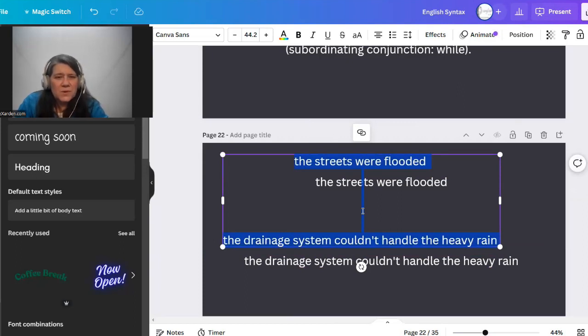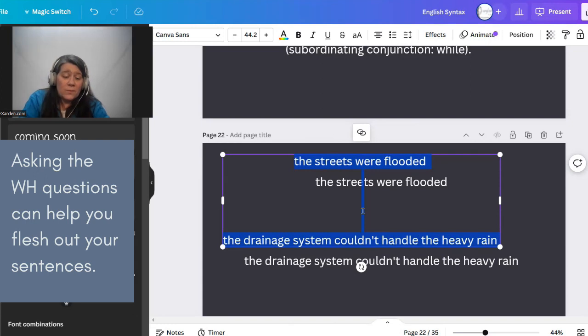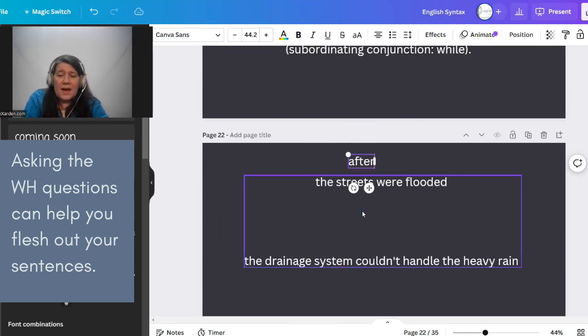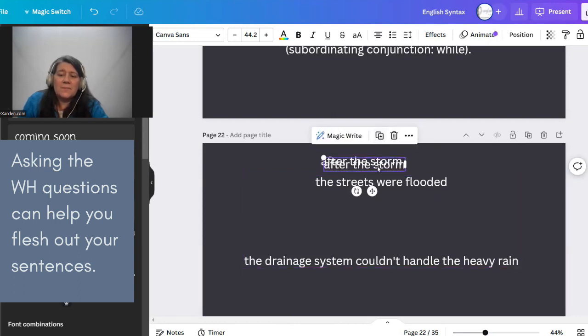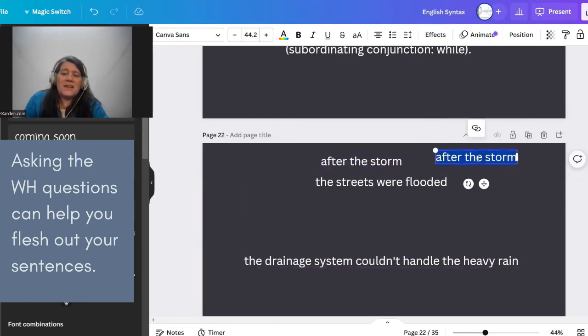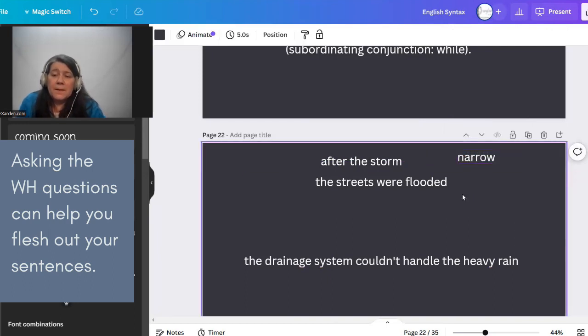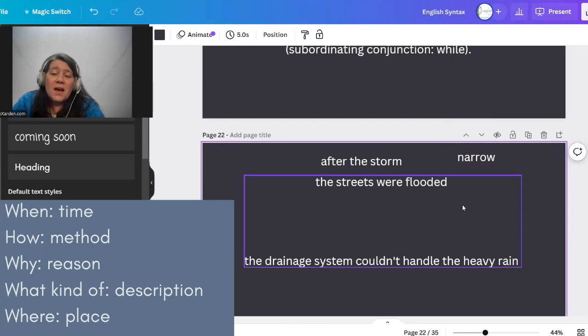Now, let's add some detail. What kind of streets were they? Or when did it happen? After the storm, right? What kind of streets were they? Maybe they could be narrow streets. What kind of storm was it?